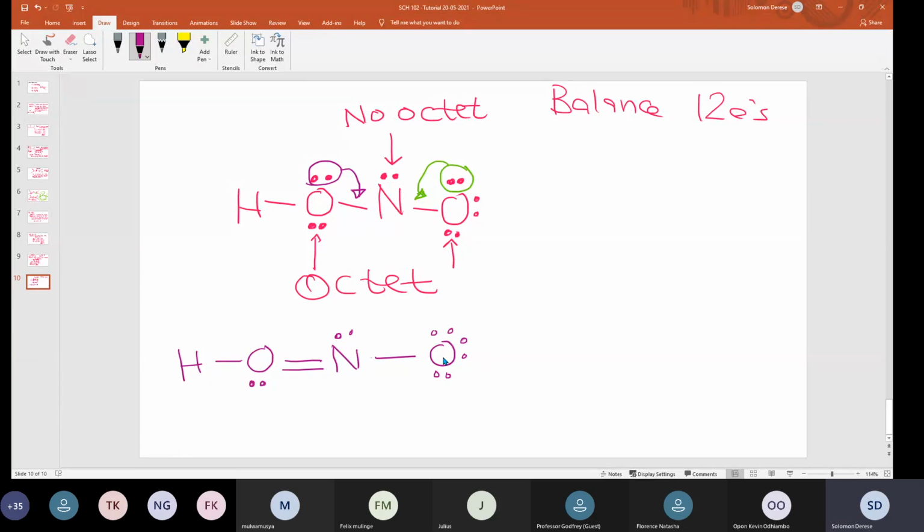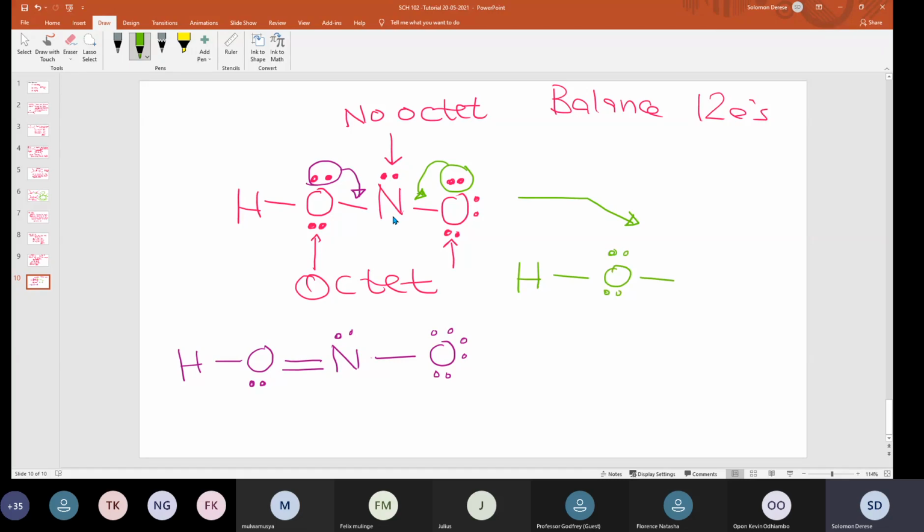Now let's look at when we use the lone pair of electrons on this oxygen to fulfill the octet of the middle nitrogen. So let us see what happens. Now, of course, this side is not going to be affected. You have a hydrogen, we have oxygen. On that oxygen, we have 2 lone pairs of electrons.